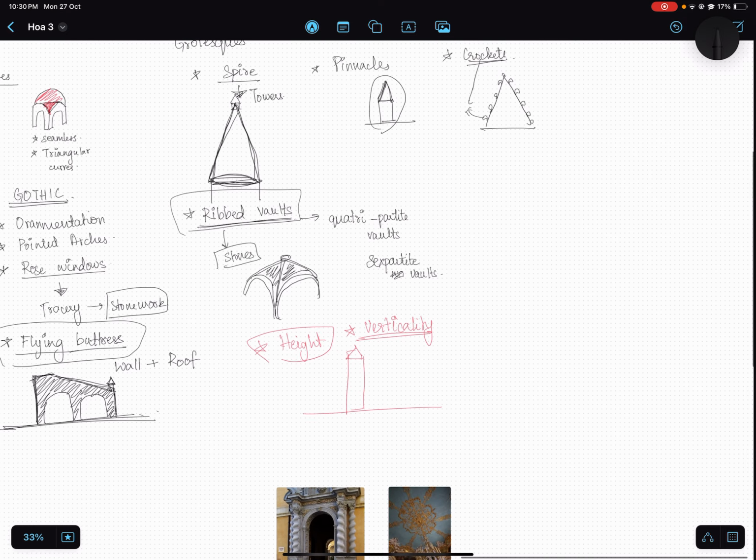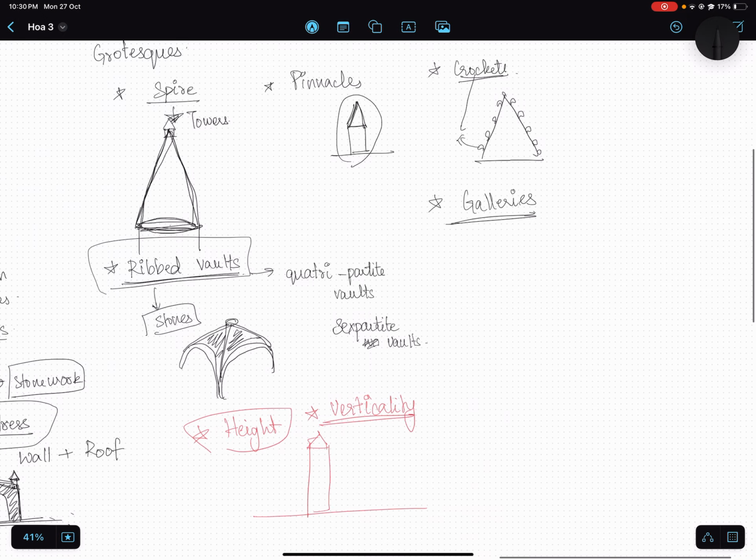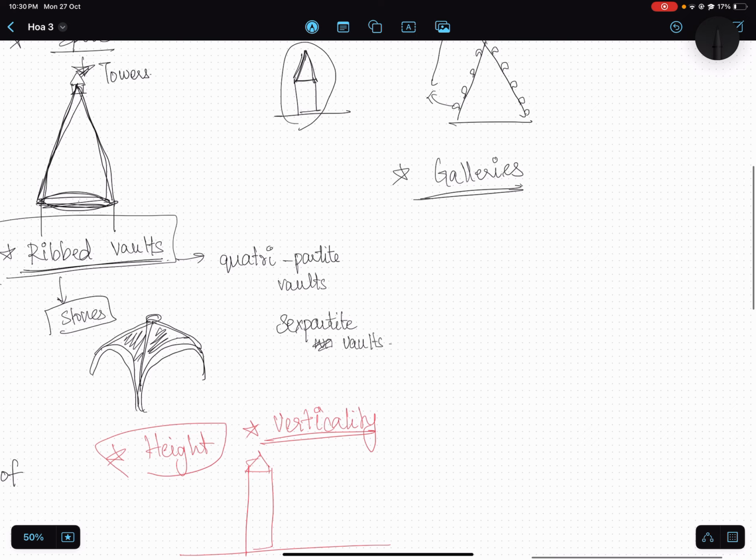And yeah, they also started having galleries. Now I'm not sure about the galleries part, but say, for example, let's say this is your nave, your aisles, they had pointed arches, so I'm drawing one.